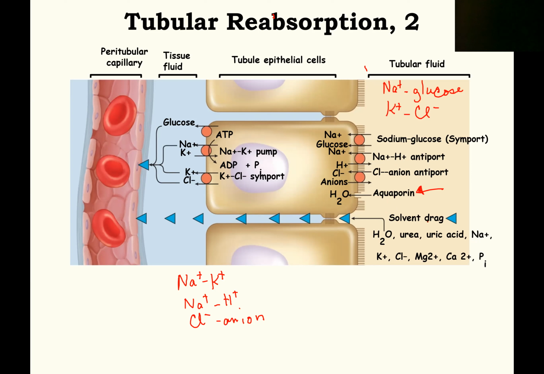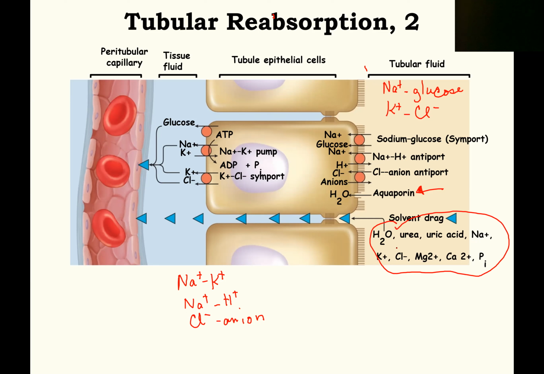Then you have solvent drag, which is different. Because the solvent, which is water in this case, is moving because of osmosis, it's going to pull some solutes with it. And that's where your big list comes in.